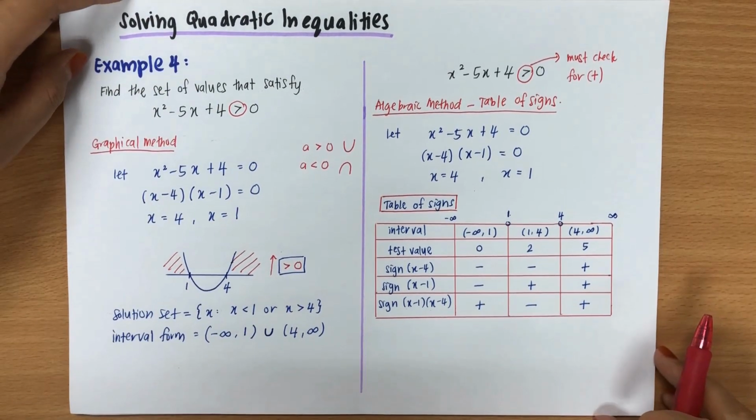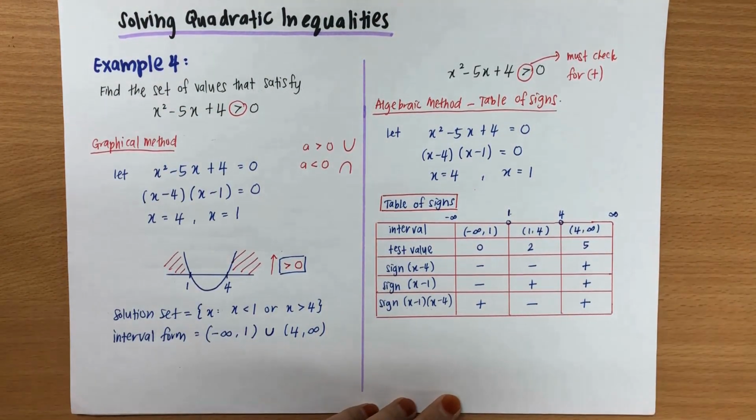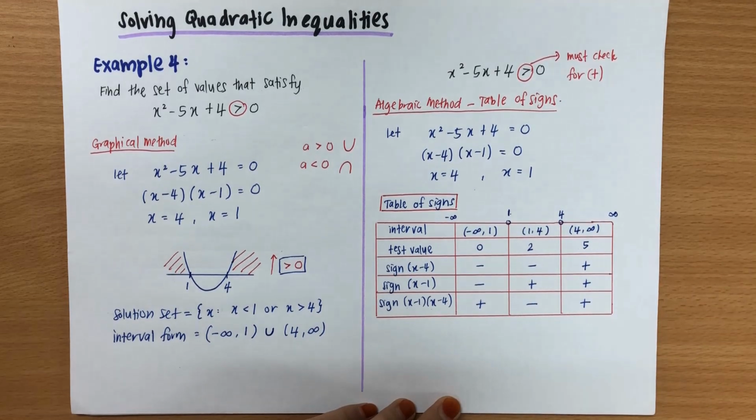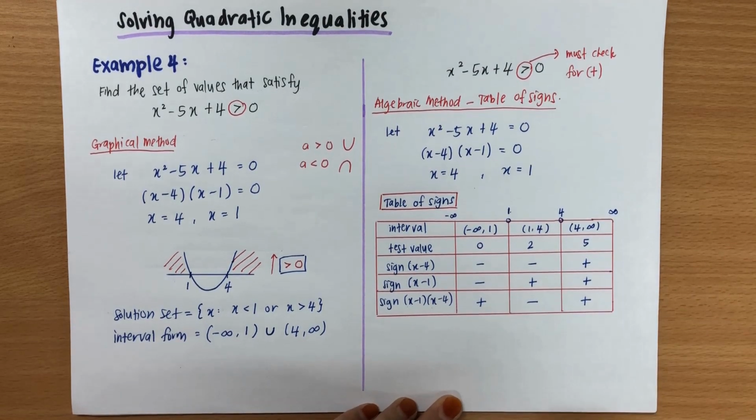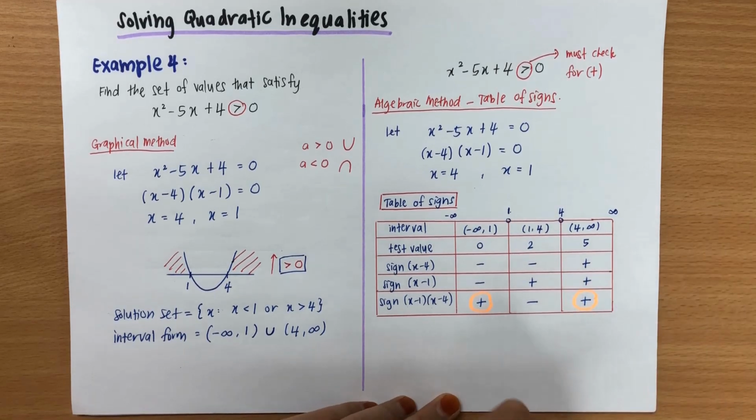In this table we found that we have a positive, negative and positive. So obviously we are going to take this one, which is positive, and this one is also positive. That will be our solution.